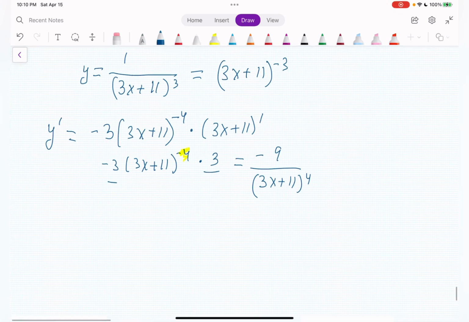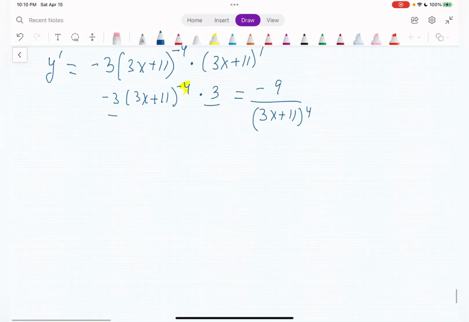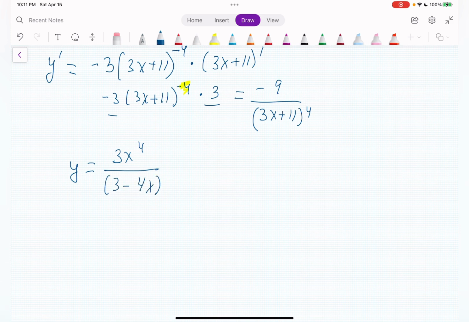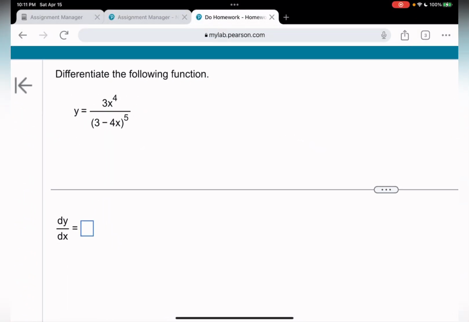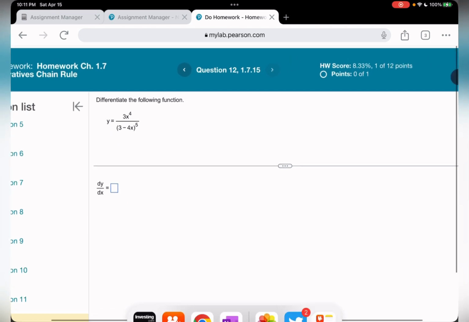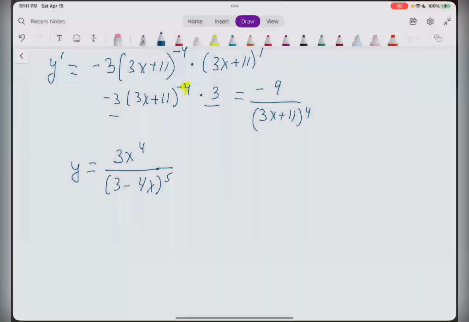We have y is equal 3x to power 4, and here we divide 3 minus 4x to power 5. It was to power 5, right? Yes. Okay, let's solve it.